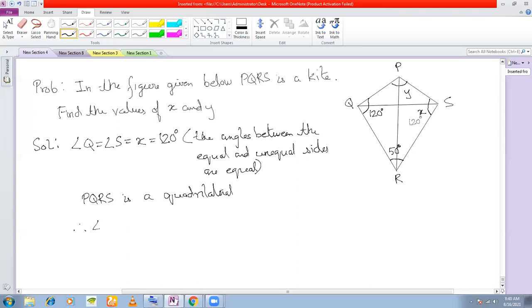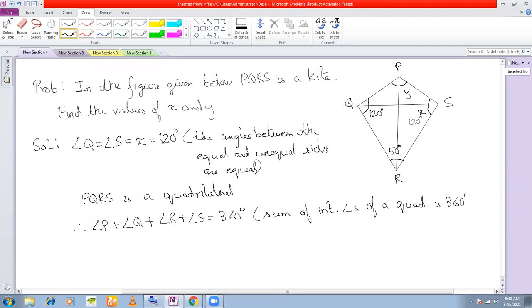So therefore, angle P plus angle Q plus angle R plus angle S must be equal to 360 degrees. What is the reason? Sum of interior angles of a quadrilateral is 360 degrees. Now you put the values. Angle P, you have to find out, which is y, right? Angle Q is 120 degrees given.